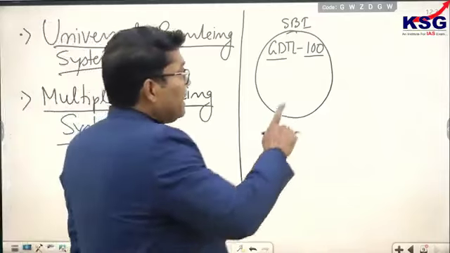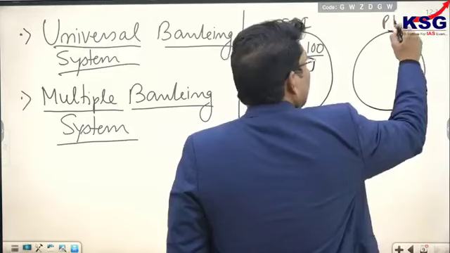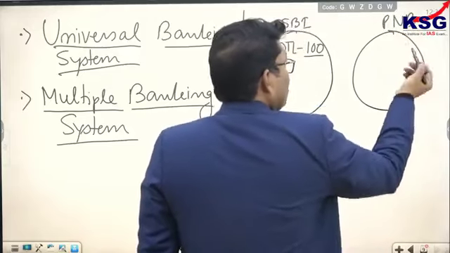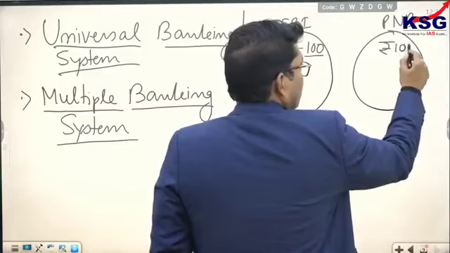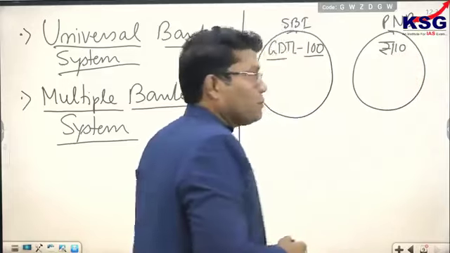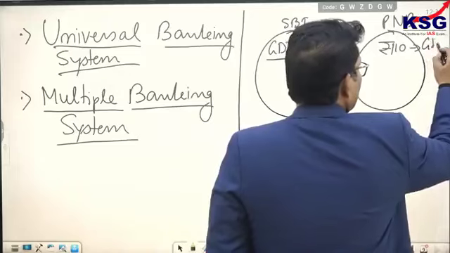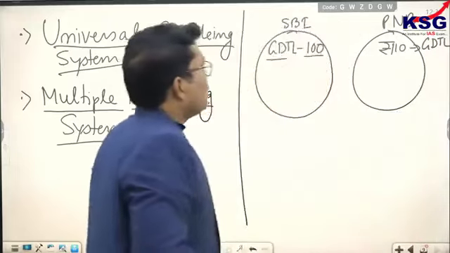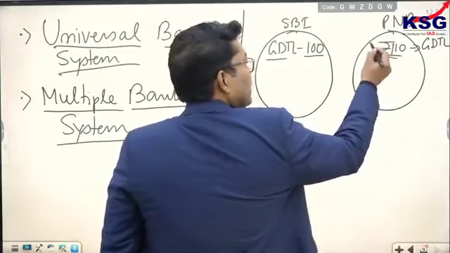But due to interbanking transactions, another bank, say PNB, has 110 rupees as its GDTL, and out of this 110, 10 rupees is with SBI.